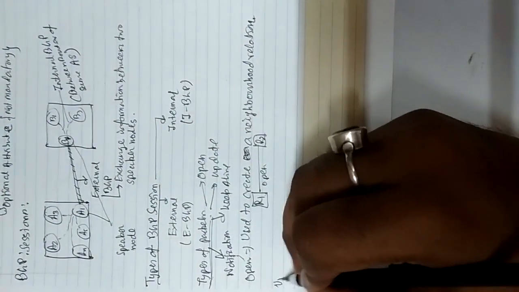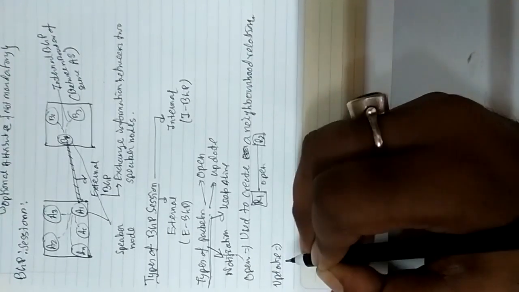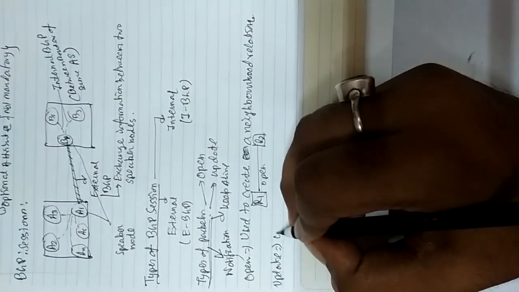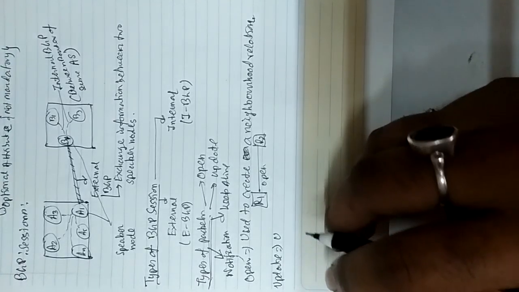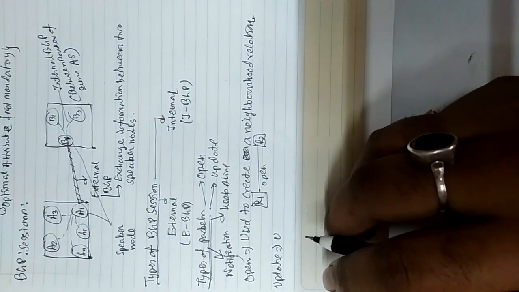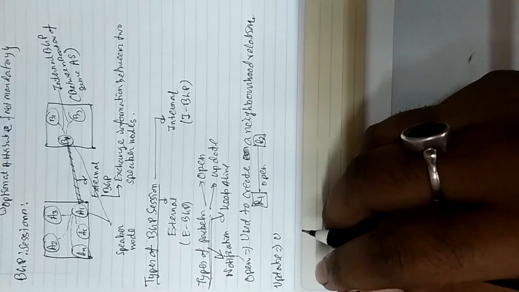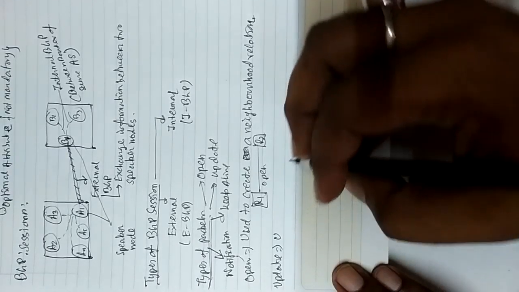Next one is update, okay. It is basically used to withdraw destinations that have been advertised previously, announce a route to a new destination, or both, okay.